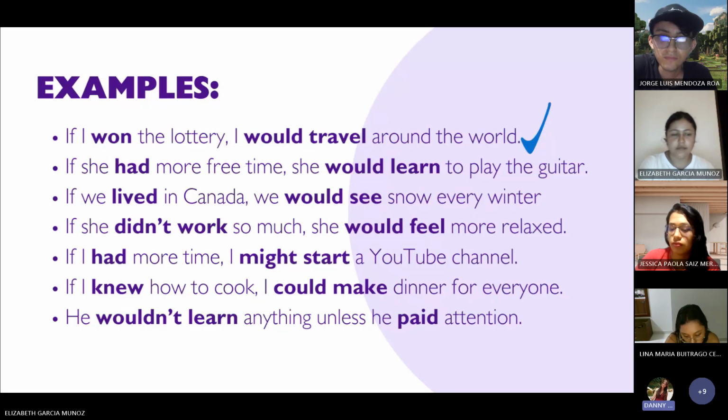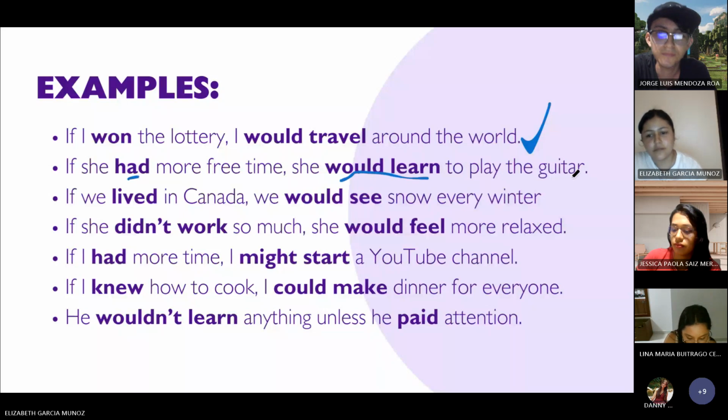In English first, please. If she had more free time, she will learn to play the guitar. Si ella tuviera más tiempo libre, ella aprendería a tocar la guitarra. Yeah, that's correct. Thank you.